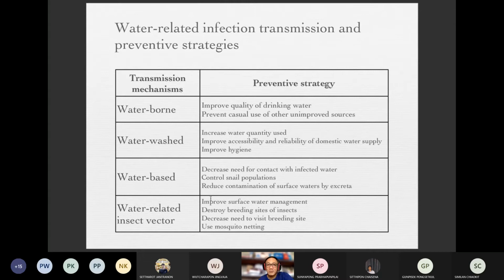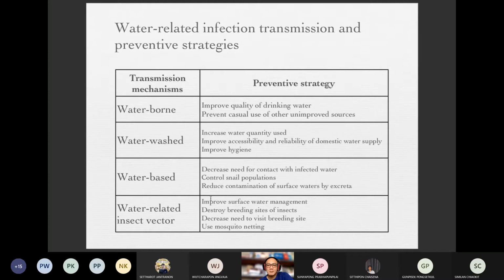I'm not talking about COVID-19, but other diseases. So this time, it's really important to change the behavior. Once we get back, we take off our clothes, clean our hands properly, and immediately get back to the home. So this is a kind of preventive strategy for the water wash mechanism.